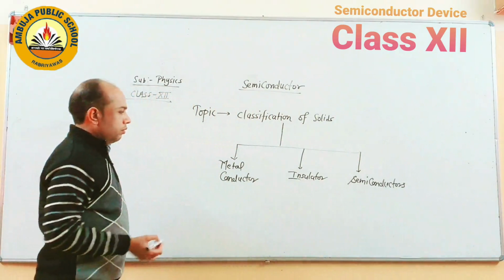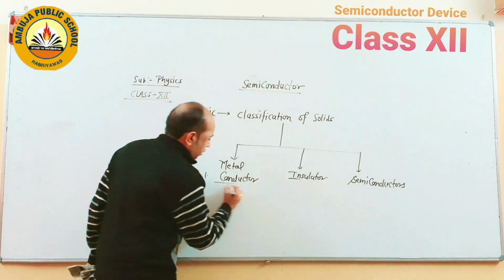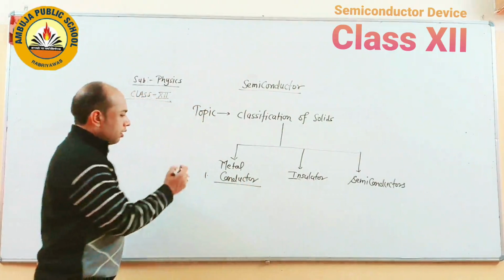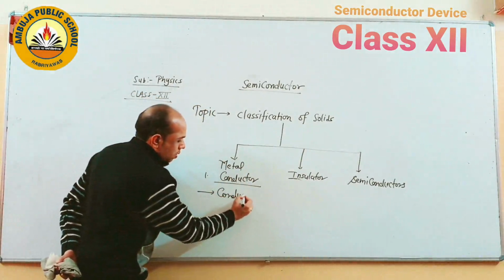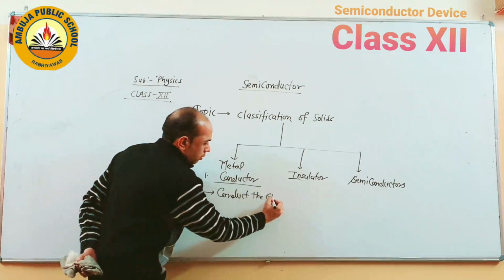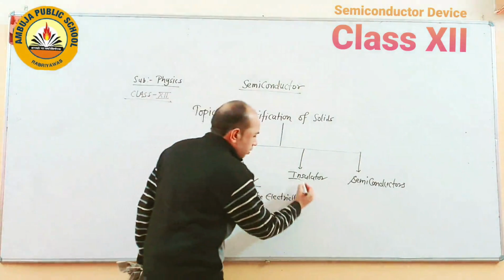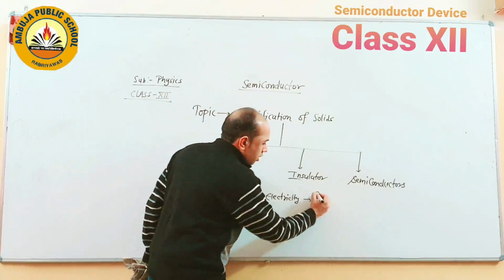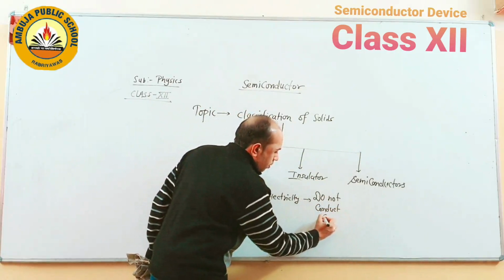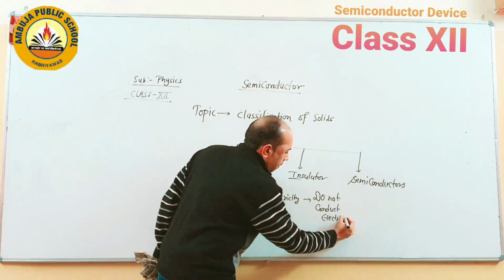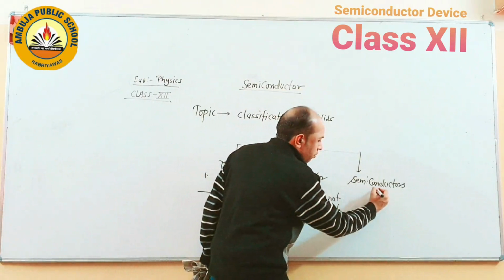Okay, so one by one we come to these. Conductors are those which conduct electricity, and insulators are those which do not conduct electricity. And semiconductor is the moderate form.